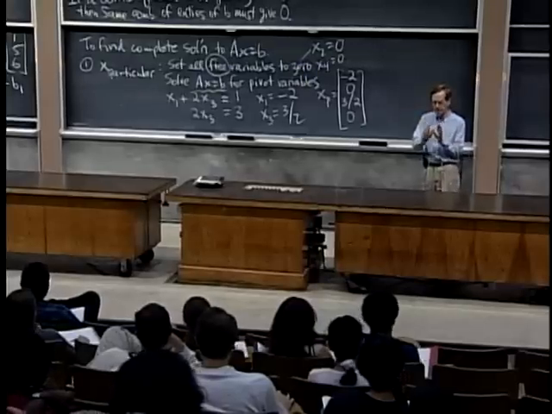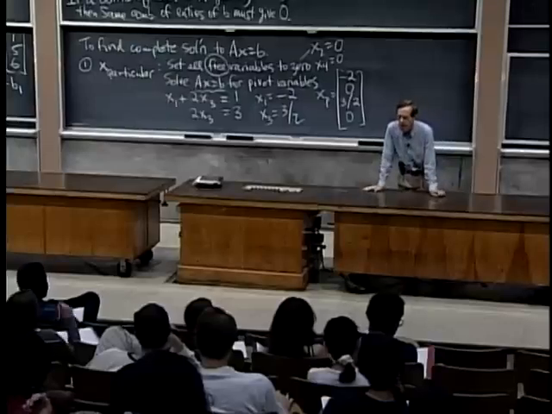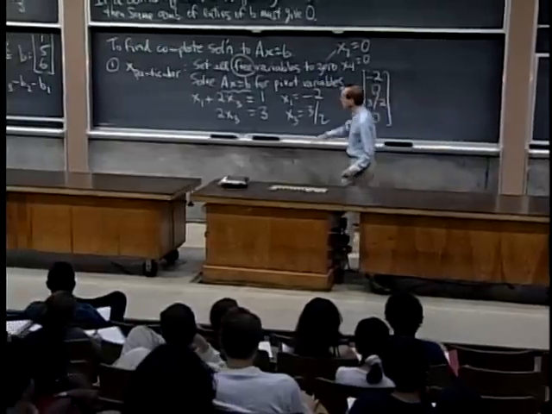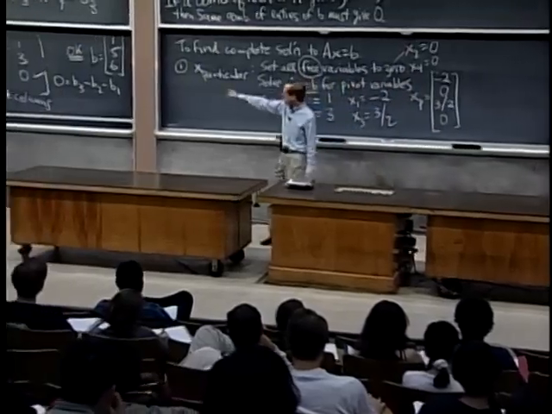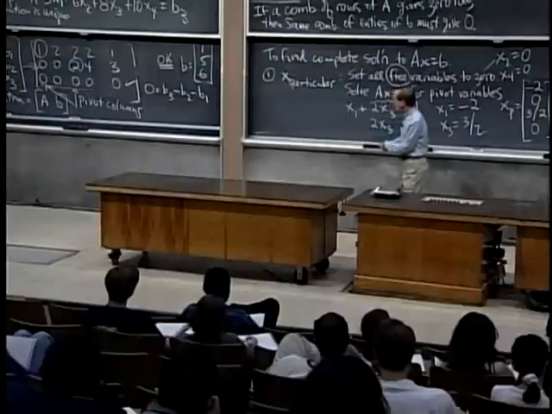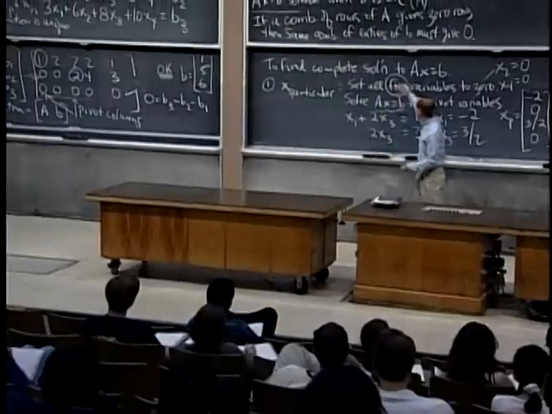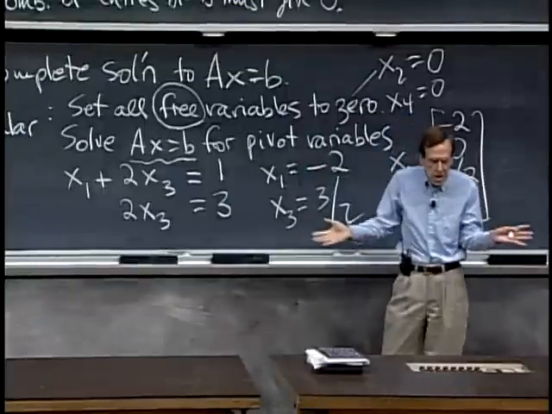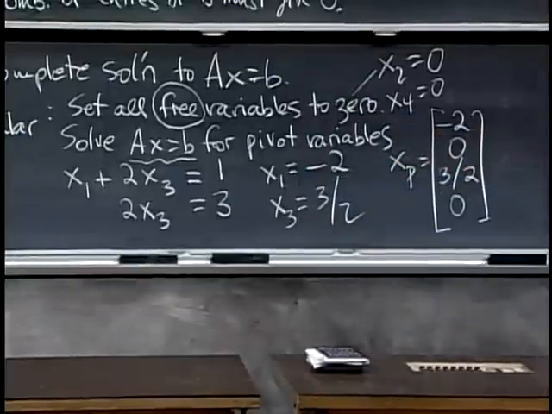That's what's new today. For the particular solution, first you check that you have 0 = 0, so you're okay on the last equations. And then you set the free variables to 0, solve for the pivot variables, and you've got a particular solution. The particular solution that has 0 free variables.